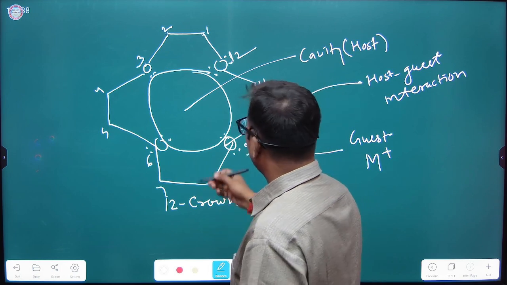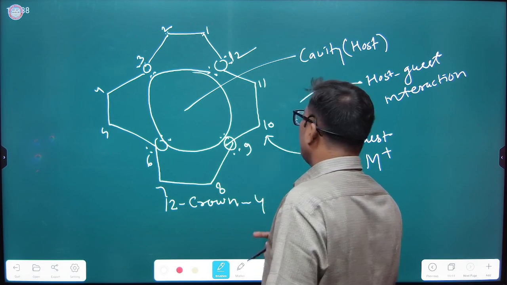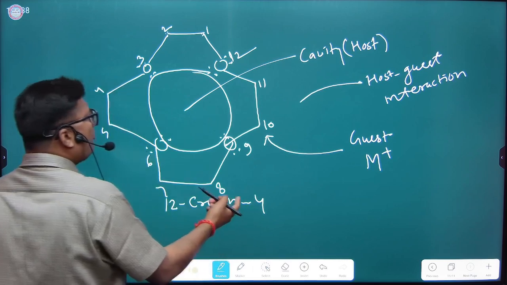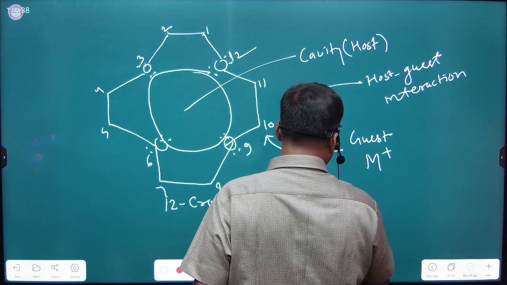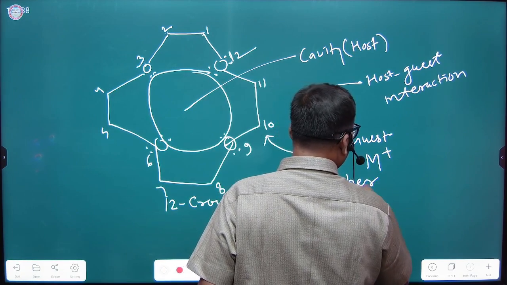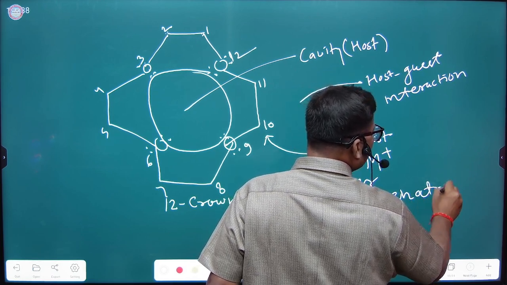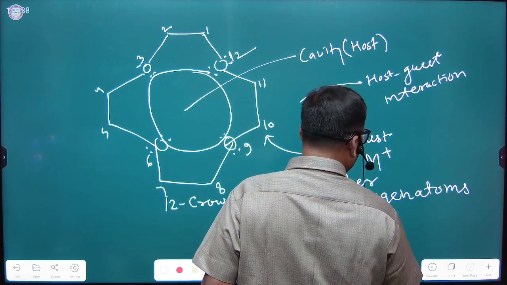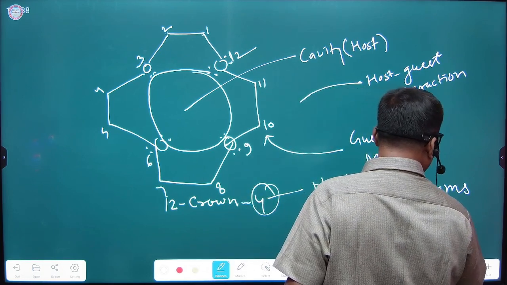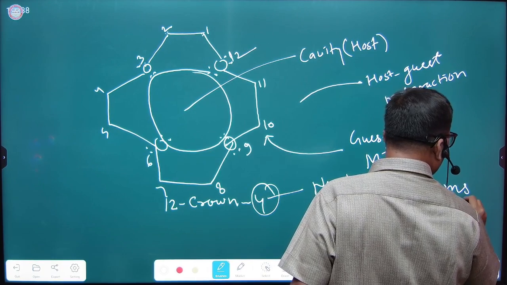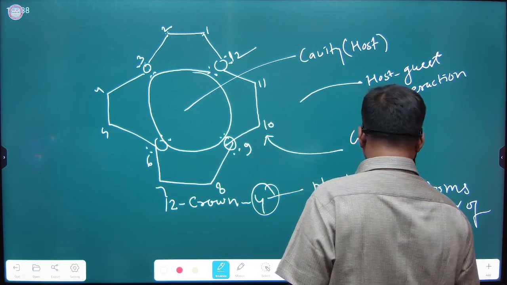And crown, the structure is crown shaped. And what does 4 indicate? It is the number of oxygen atoms in the interior of the ring, right?